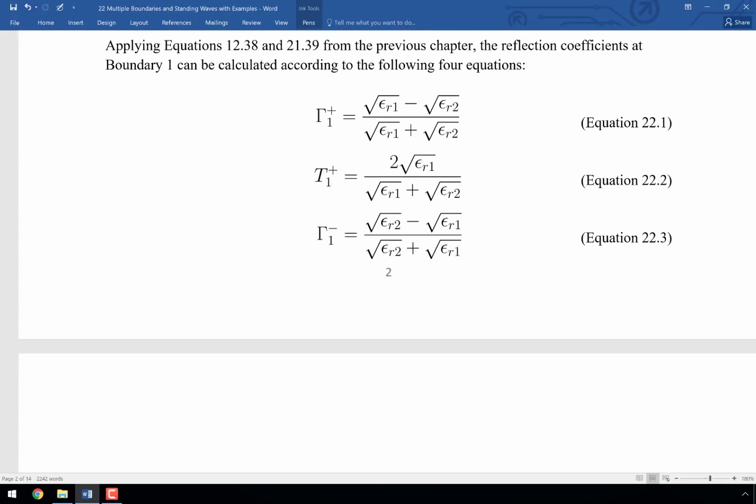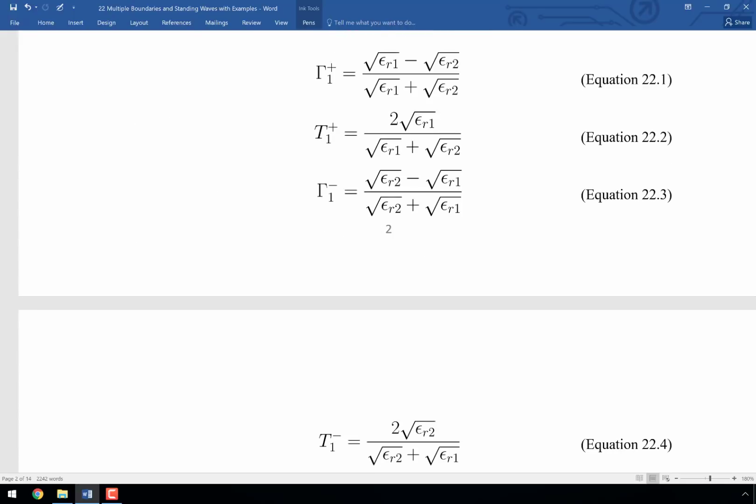Well, we can calculate the reflection and transmission coefficients. We saw how to do that in Chapter 21. So we have gamma 1 plus, T1 plus, gamma 1 minus, and T1 minus. If you want to check your answers, you'll remember that at each step, T is equal to 1 plus gamma. So we can check that we've done the calculations correctly.